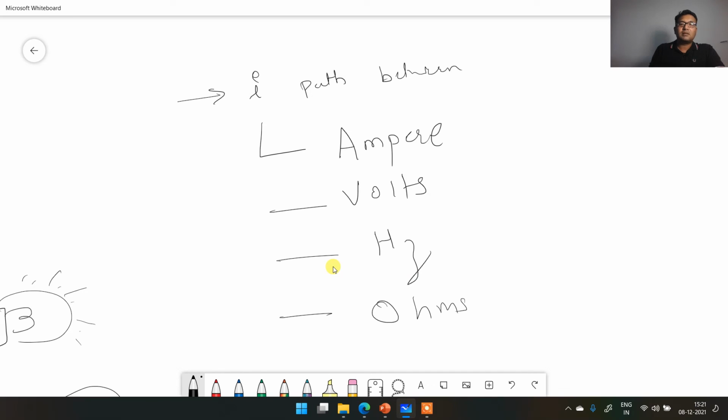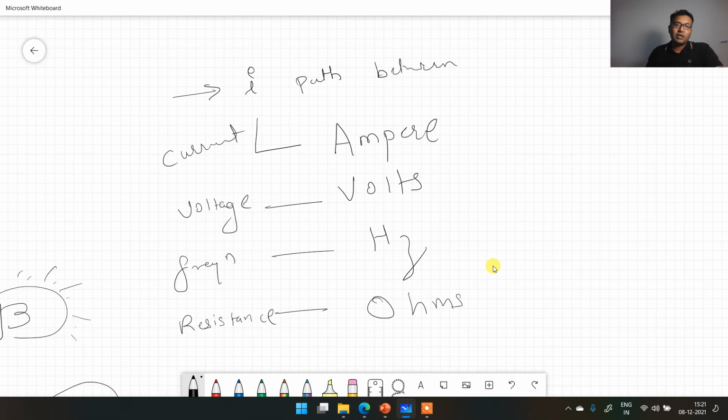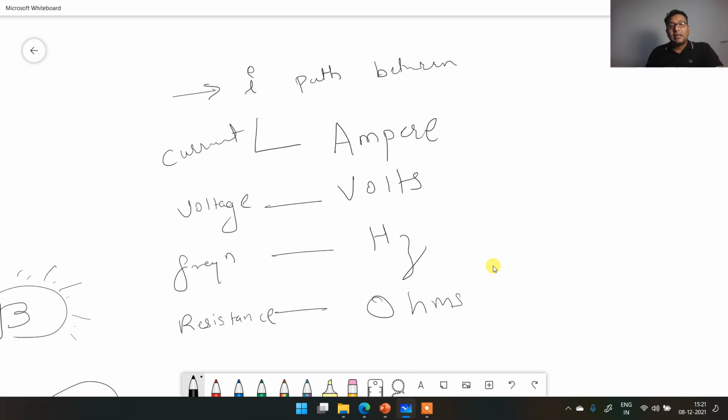These are the concepts we discussed so far: current, voltage, frequency and resistance. We'll explore all these concepts in a bit more detail when we start with the DC voltages, and we'll try to understand all these things once more with the DC voltage.